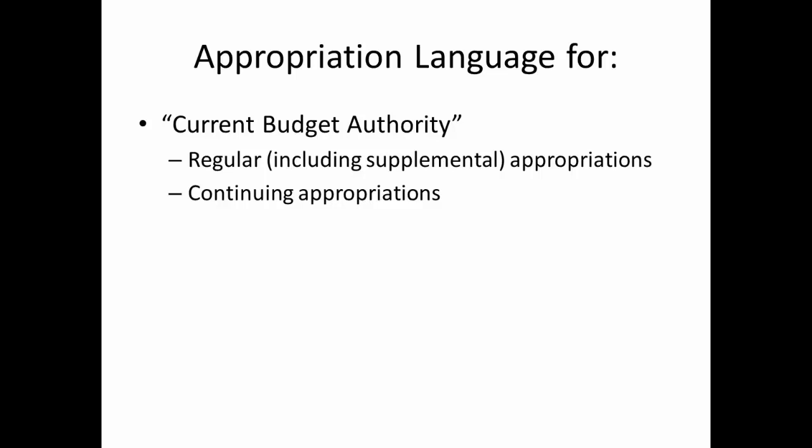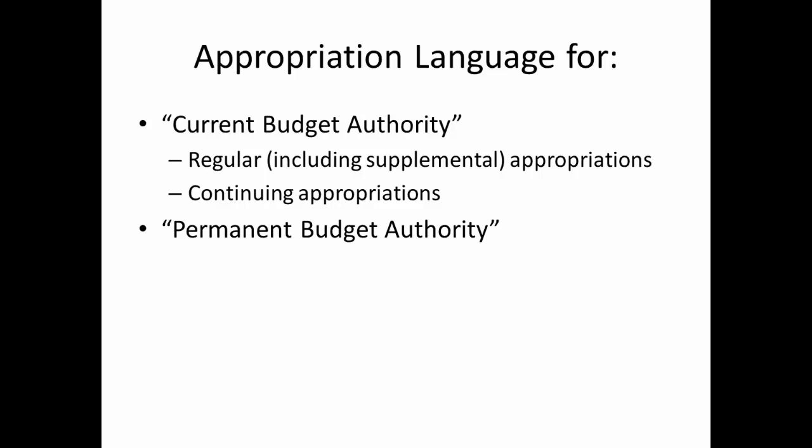These 2 forms of current budget authority are the most common means of providing appropriations and the ones we're most familiar with. In Module 3, we'll discuss the language of permanent budget authority.